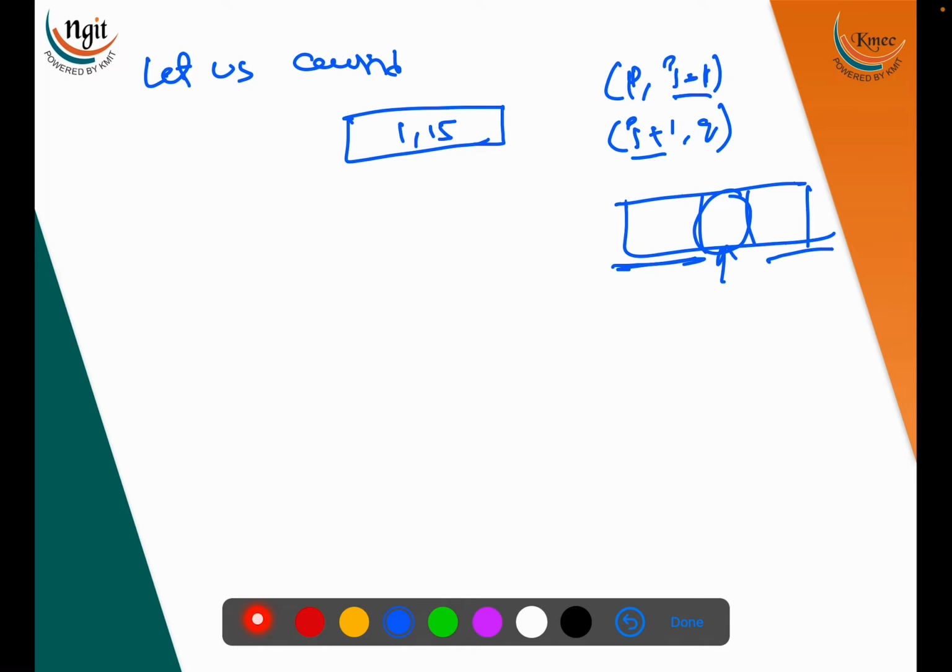Now take an example: a sequence of numbers 4, 2, 8, 7, 6, 5. If I say this 8 is the median of the list, then all elements before this will be smaller than it.